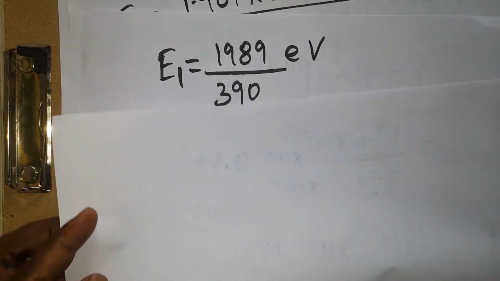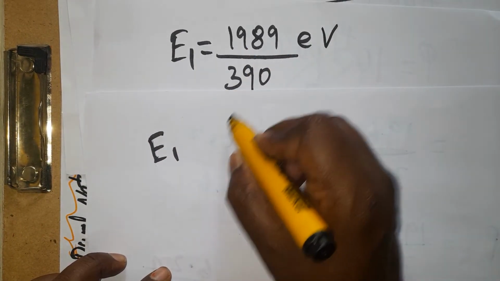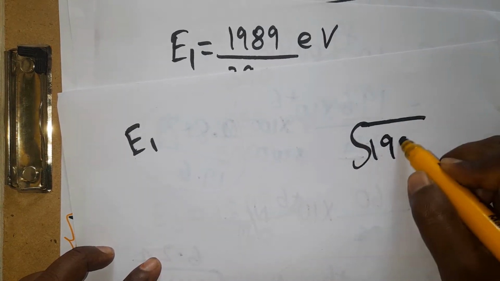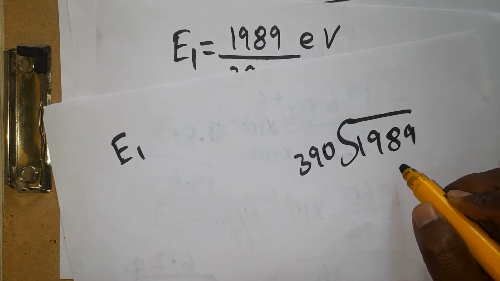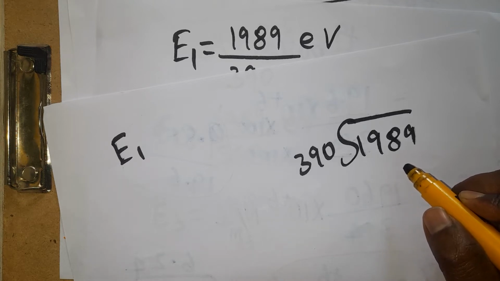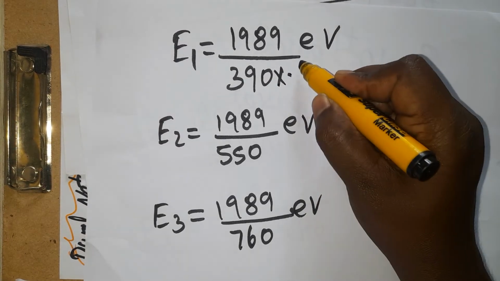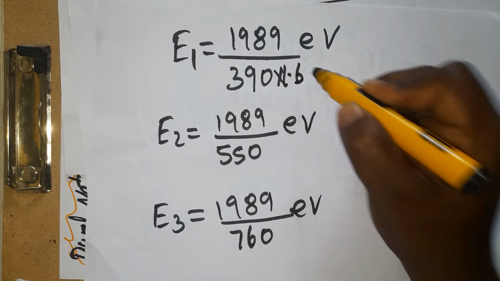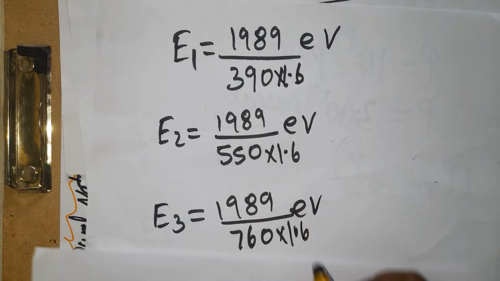First I will calculate E1, so this much divided by this much: 1989 divided by 390. First we will see how many times we get. Sorry, the electron value 1.6 should be there; I forgot it. Only the wavelength we have to replace.